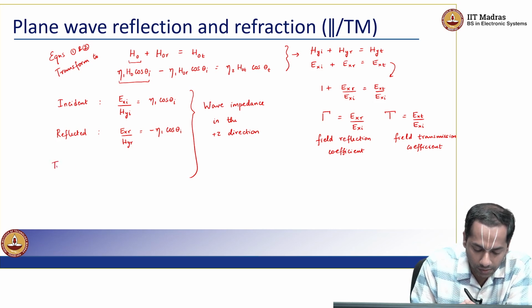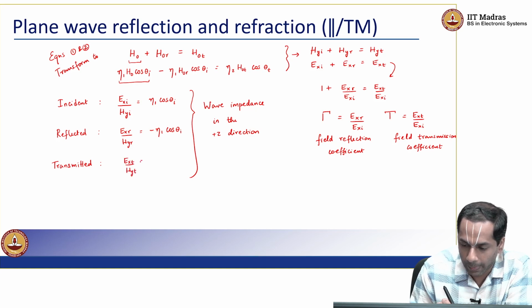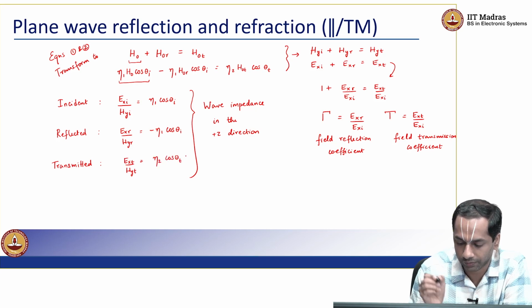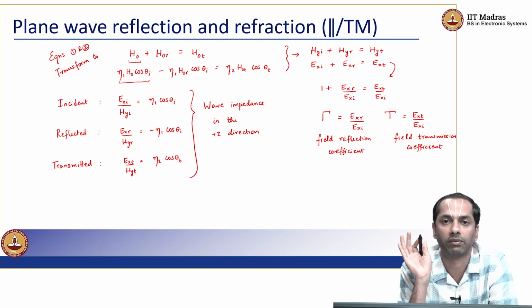Similarly, for the transmission, we have Ext by Hyt equal to eta 2 cos theta t. Again, just simply definitions.